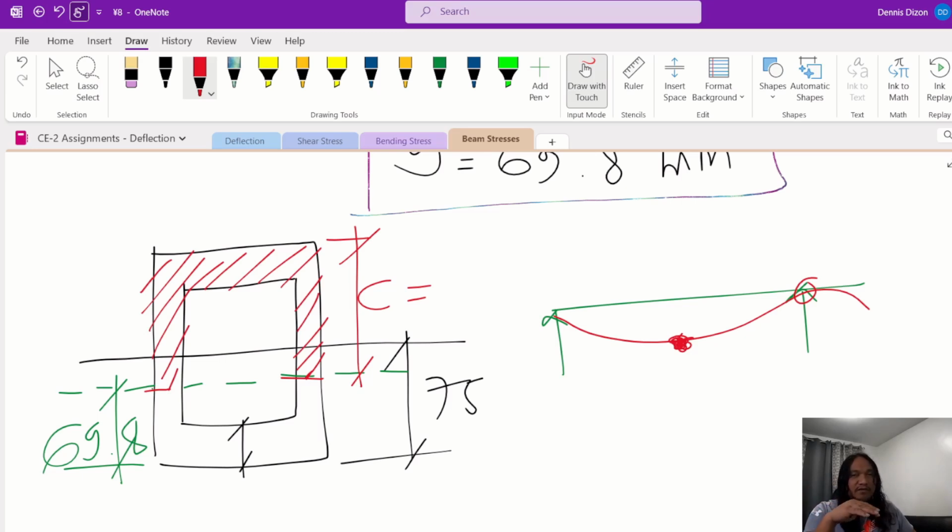Because if this is concrete, the only reason why we calculate for this one, or not really just because it is concrete, but it is important in concrete design, is that it would dictate where the main rebars would be, right? If it is positive bending, if you remember, concrete is really good in compression but really weak in tension.